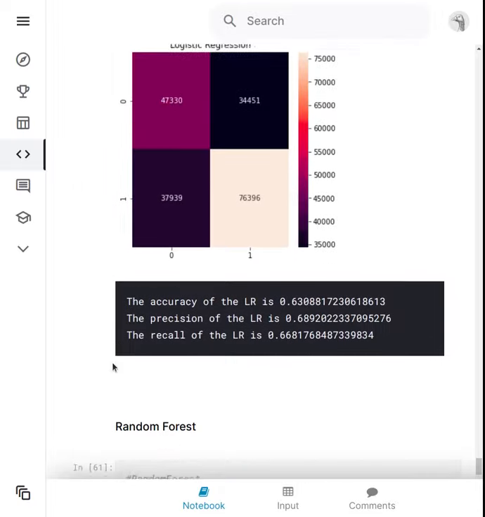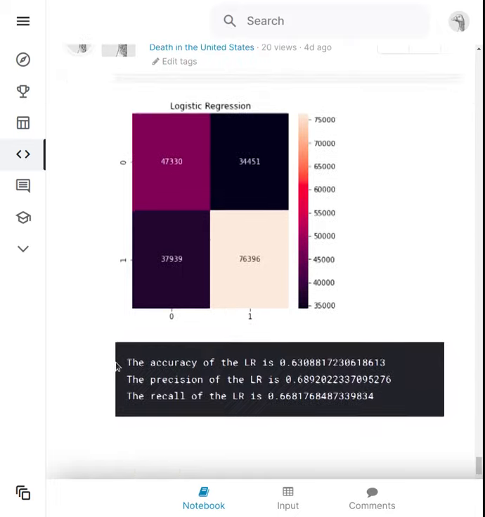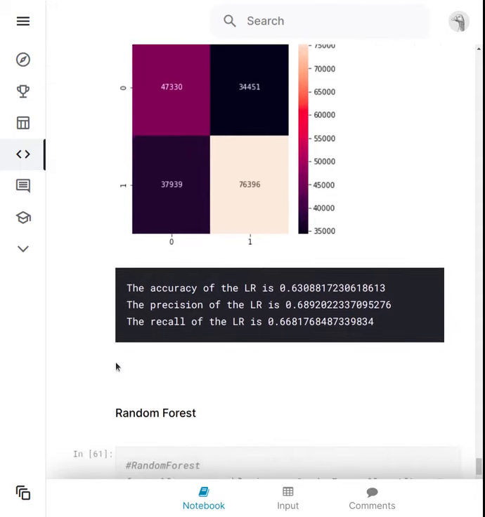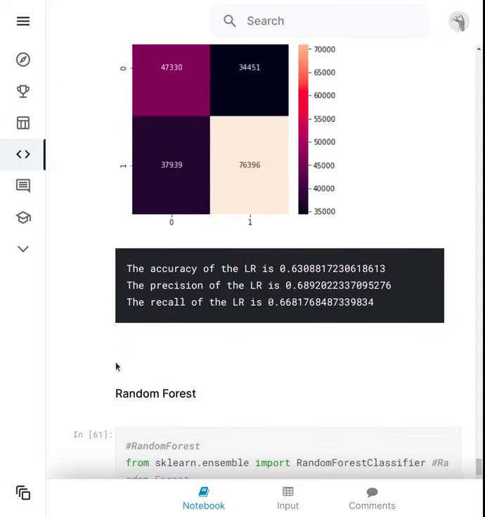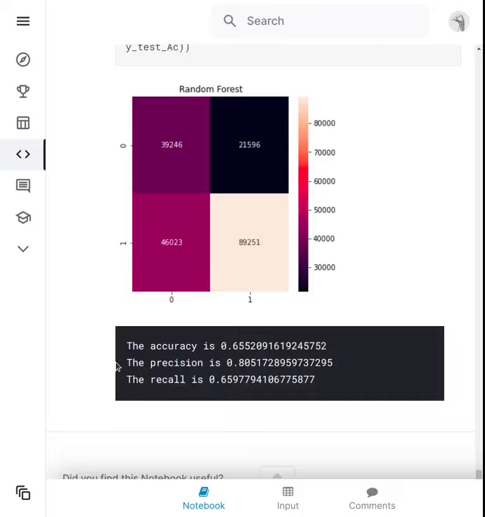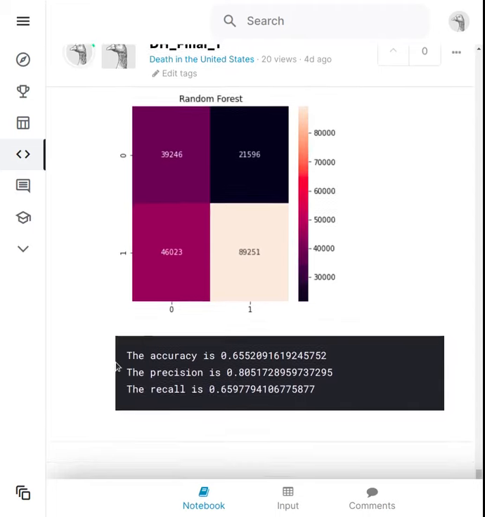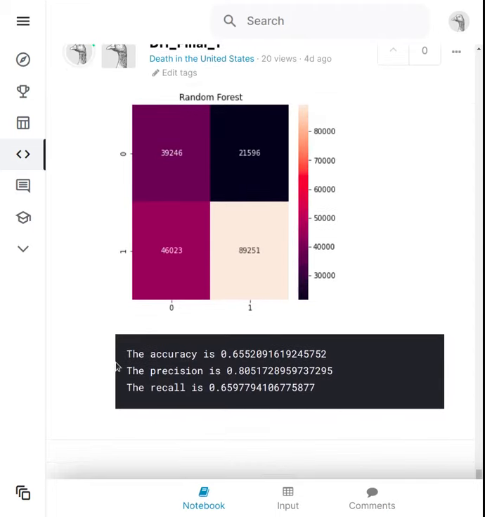In logistic regression, the accuracy is 0.63, the precision is 0.68, and the recall value is 0.66. And in random forest, the accuracy level is 0.65, the precision value is 0.805, and the recall value is 0.659.